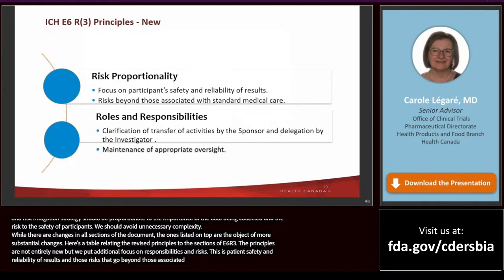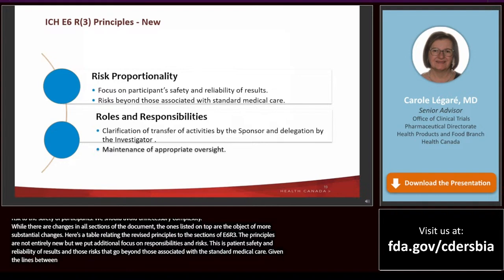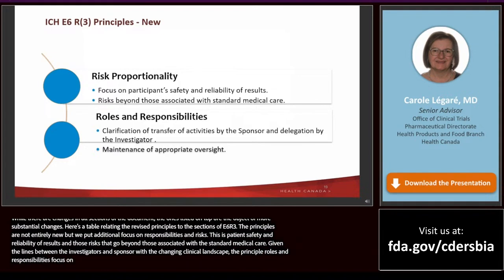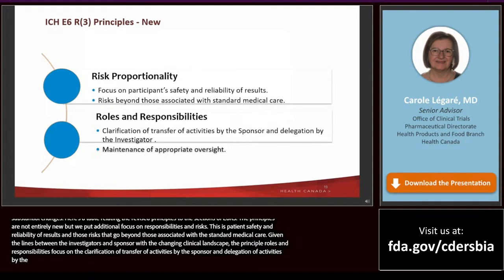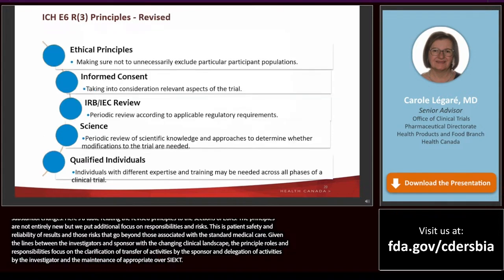Given the blurring of lines of responsibility between investigators and the sponsor with the changing clinical trials landscape, the principle on roles and responsibilities focuses on clarification of transfer of activities by the sponsor and delegation of activities by the investigator, and the maintenance of appropriate oversight.